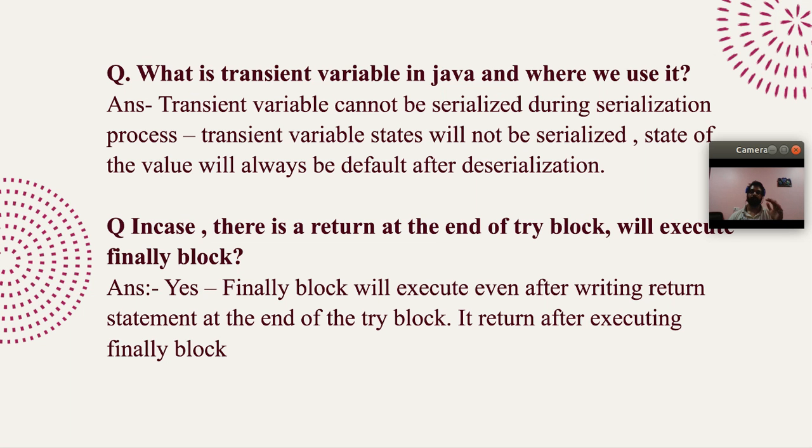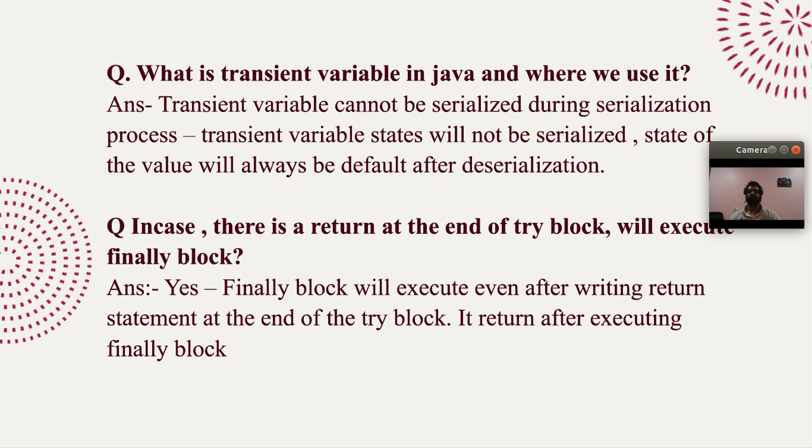So serialization is a process by which you save the state of an object, and it is used to transfer that particular object over the network, and also to other servers, right? So this is about serialization.